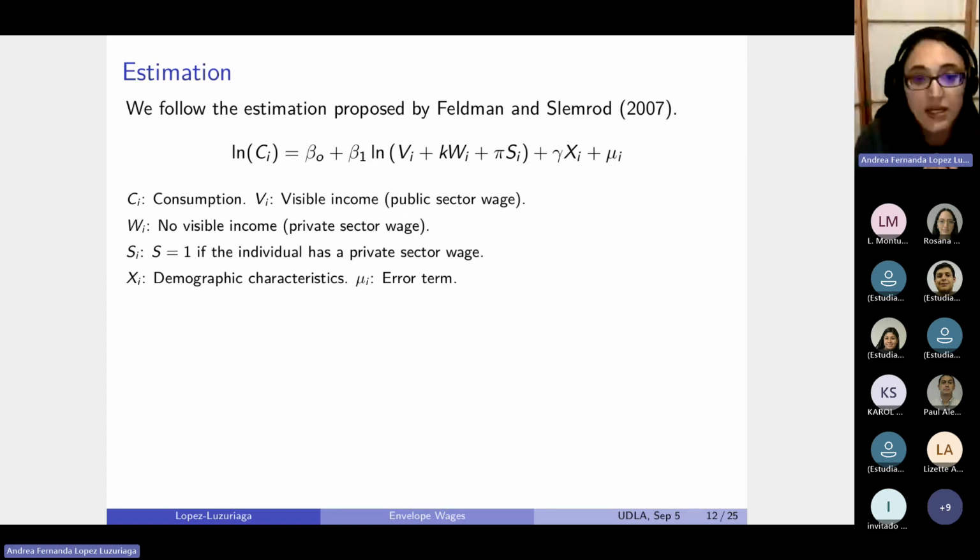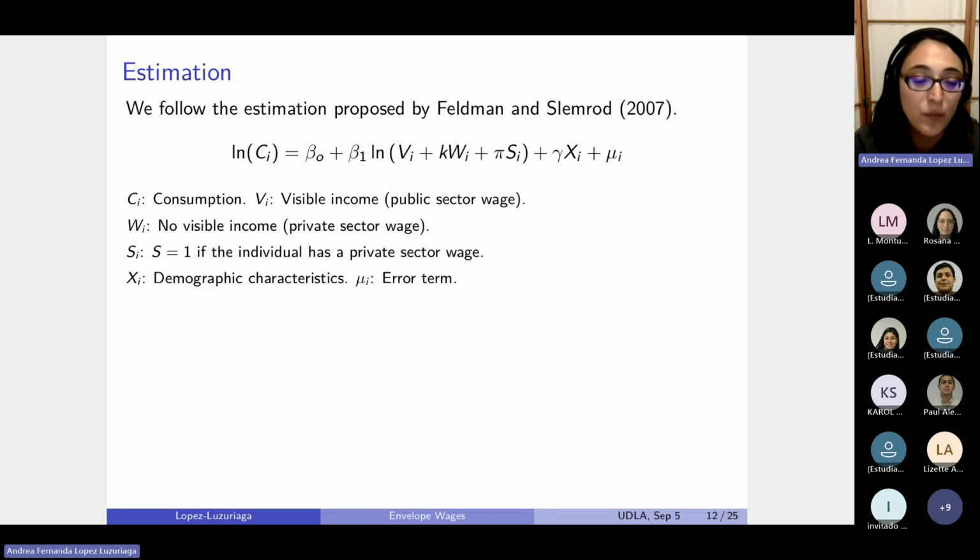And the estimation is a nonlinear estimation. So basically I have consumption on the left side, and on the right side I split, and this is the nonlinear part, the income between visible income and non-visible income.